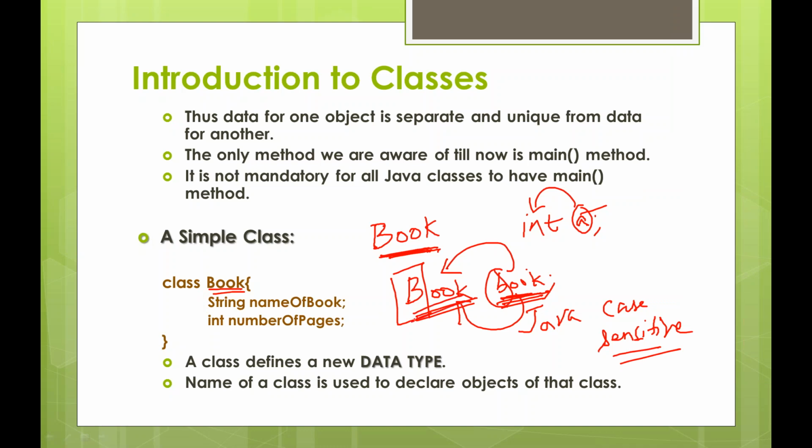Note that I'm telling book as a type, because every class defines a data type.